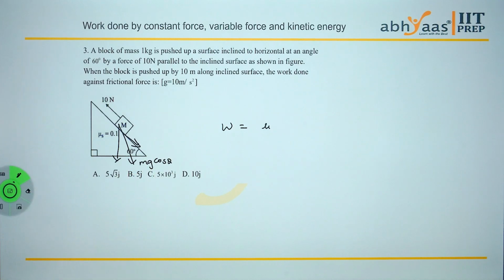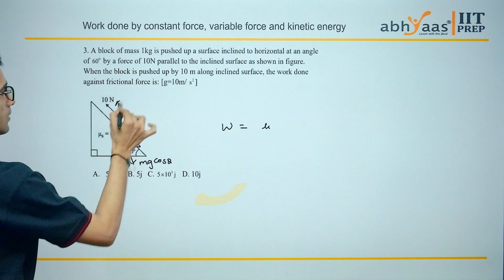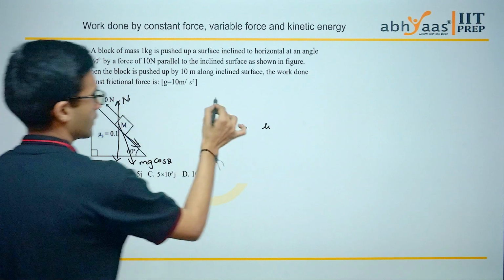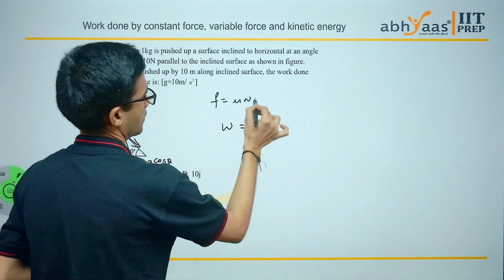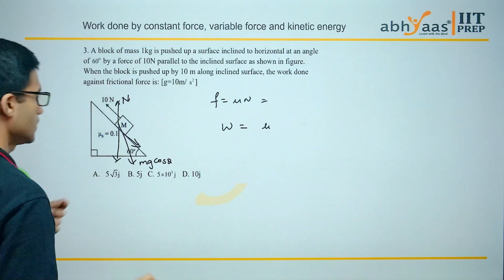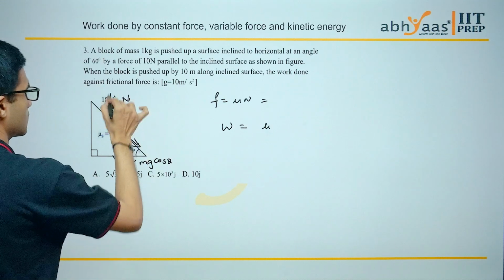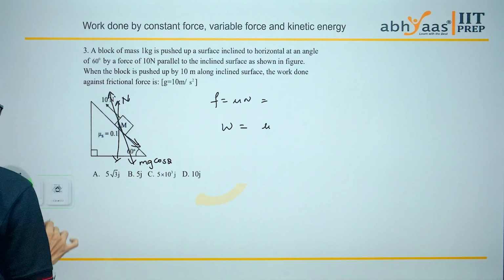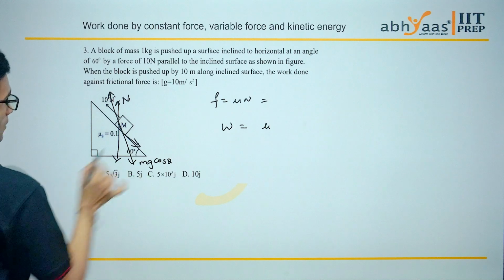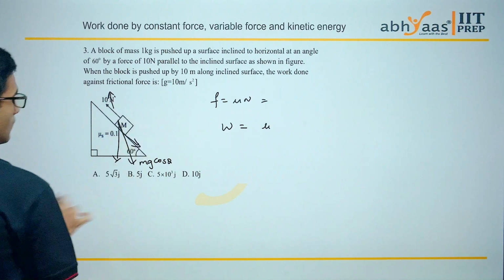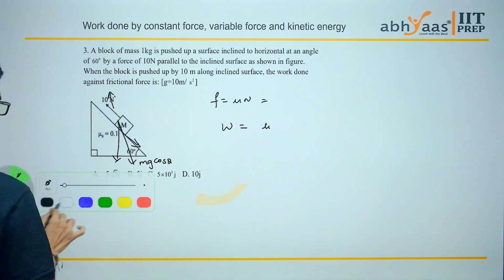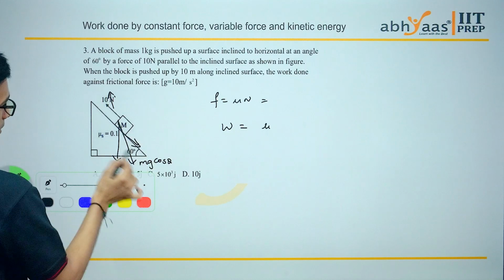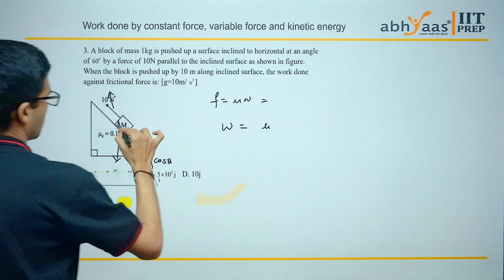The top one is N. So we know friction is equal to mu N, but N is equal to what? Mg cos theta. N will be opposite to mg cos theta. The contact surface is like this.